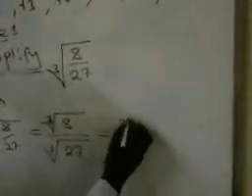The cube root of 8 over 27 is the same as saying cube root of 8 divided by cube root of 27. So now, you can even say that it's the same as 8 power a third over 27 power a third.